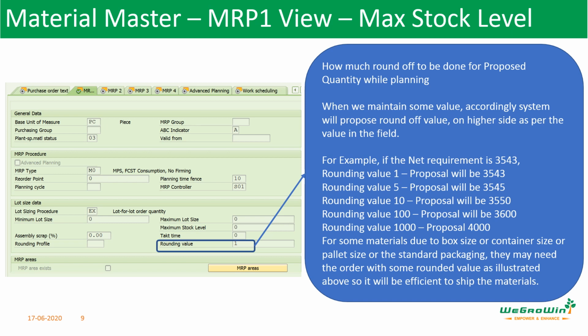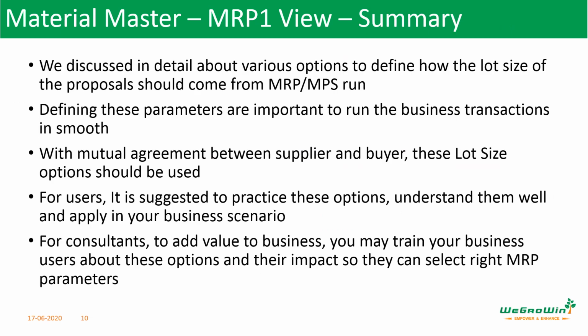You have to place an order for 500, and the supplier will supply one pouch or one bag. So whenever you have materials that are handled in a pack size, box size or crate size, you have to use this rounding value. So we discussed these various attributes in this lot sizing procedure.